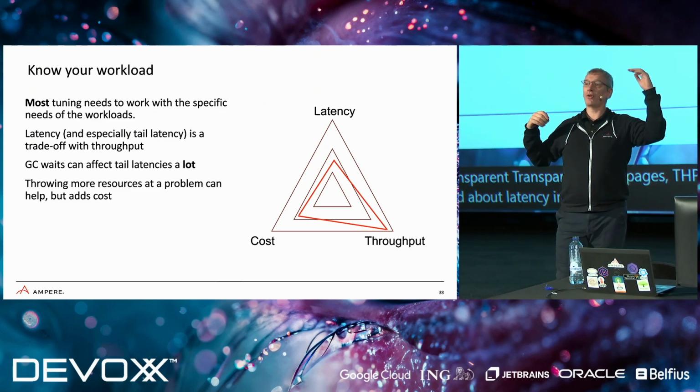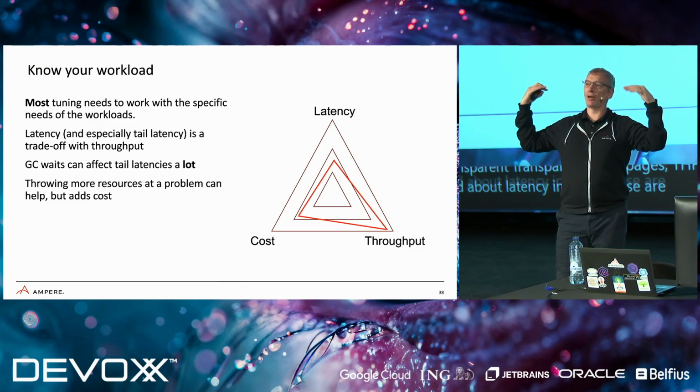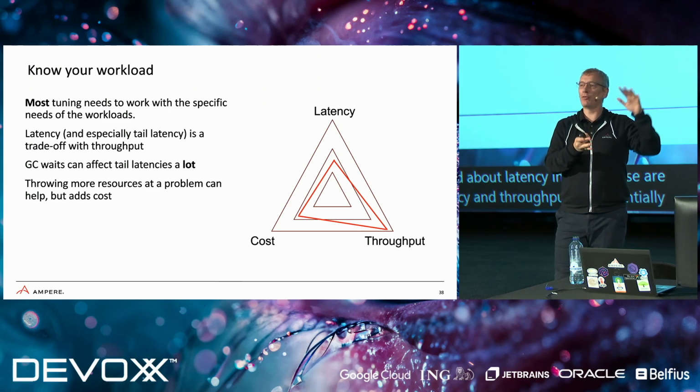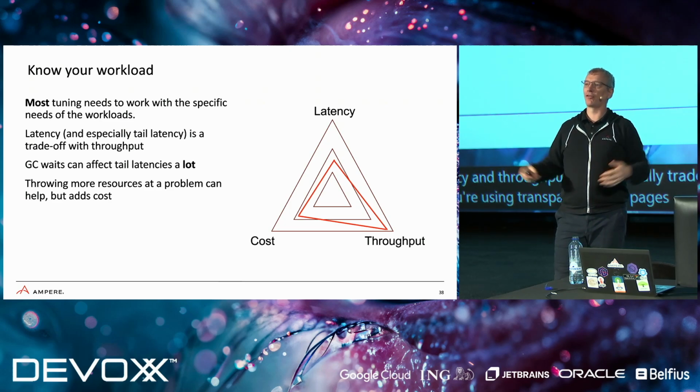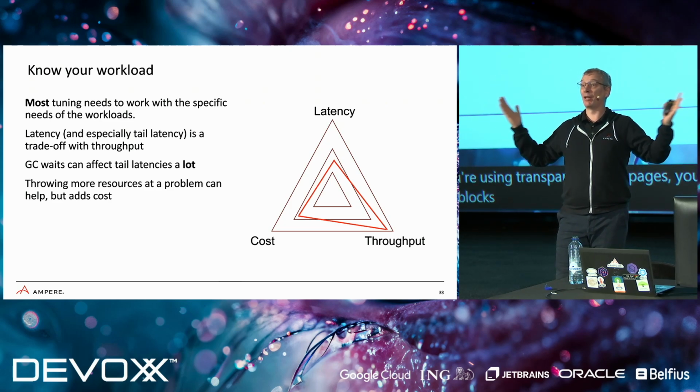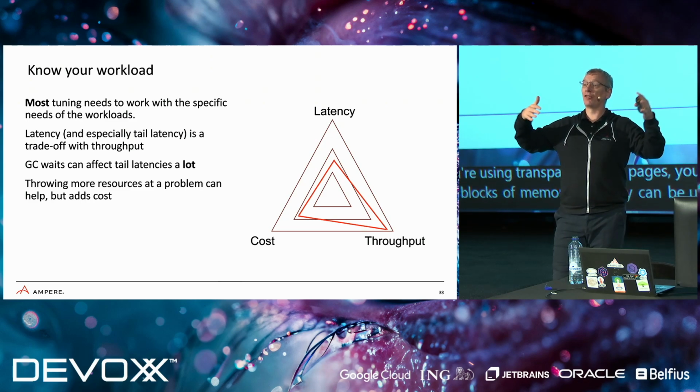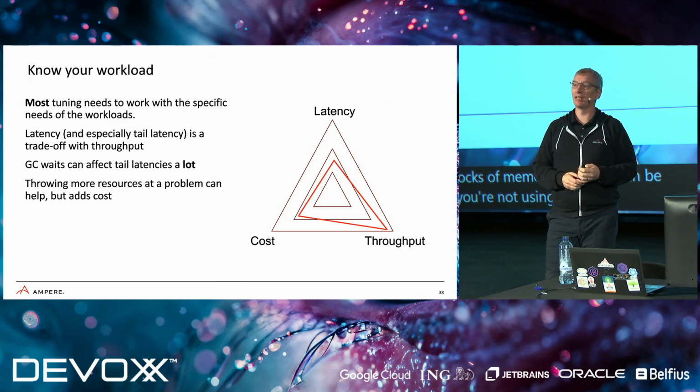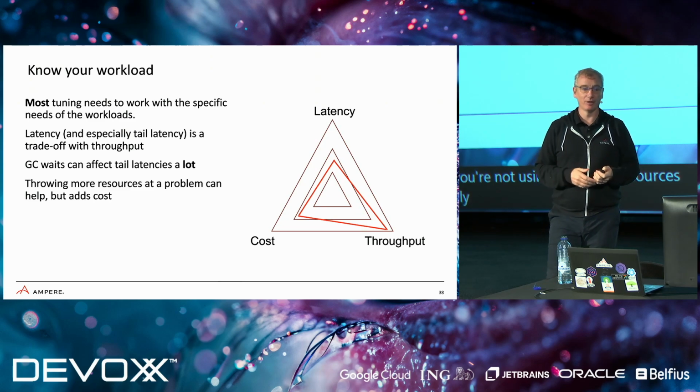Those are essentially trade-offs, latency and throughput, right? If you're using transparent huge pages, you're allocating large blocks of memory. That memory can be underutilized. So you're not using all of the resources potentially available in the server.